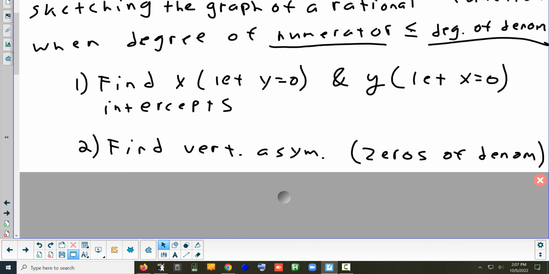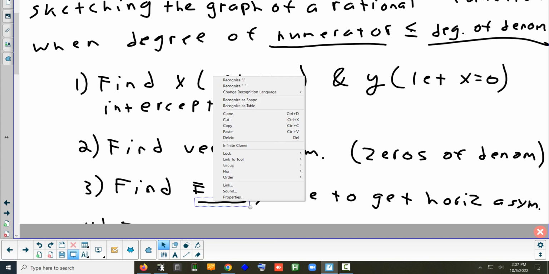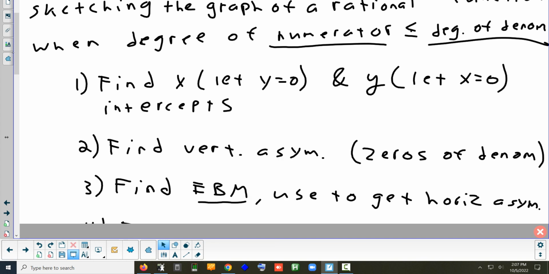We're going to put those in as dotted lines. Then we're going to find the horizontal asymptote. Well, how do you get the horizontal asymptote if you have something really complicated? You simplify it. You use the EDM. The EDM will give you a nice, simple fraction to find the horizontal asymptote for. And that's what we just did in the last two problems.